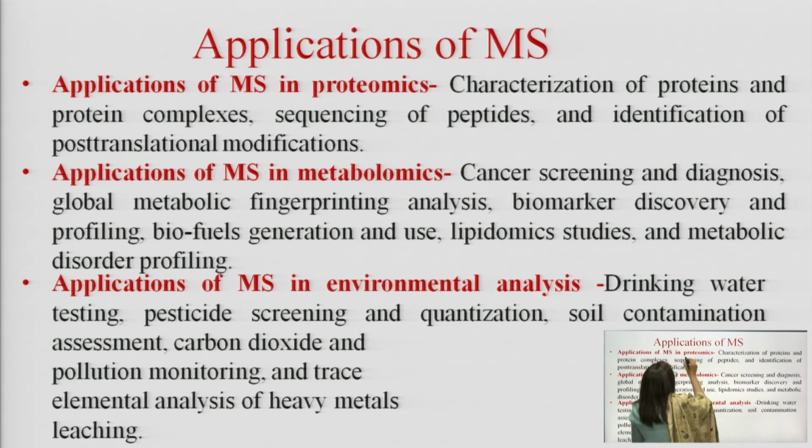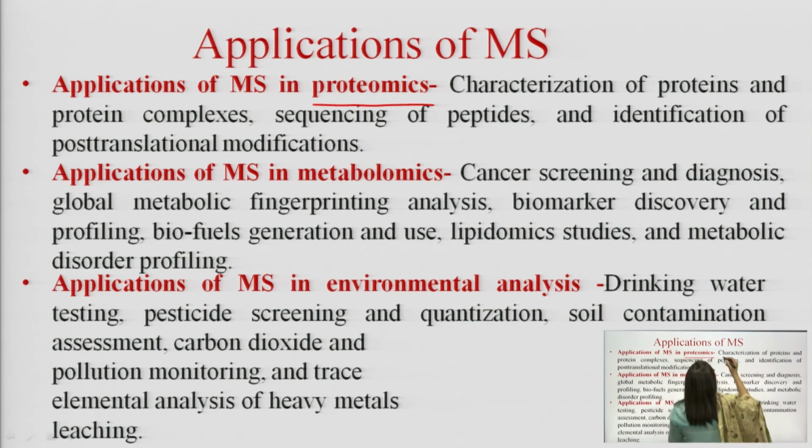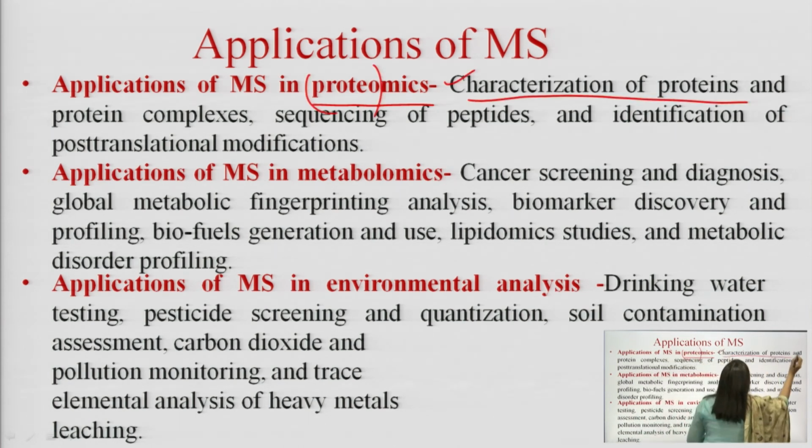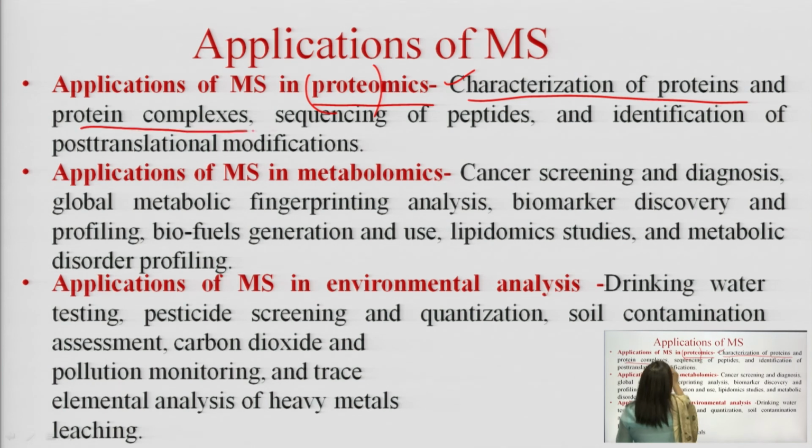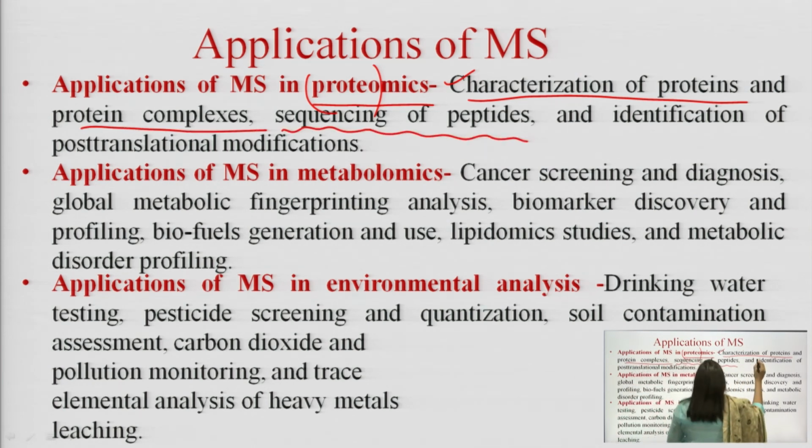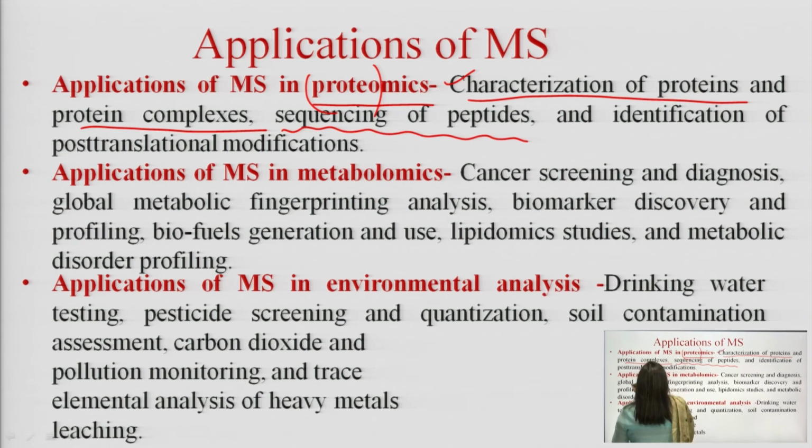The role of mass spectrometry in proteomics: proteo, as the name suggests, is protein, and it includes the characterization of proteins and protein complexes. It includes the sequencing of peptides and identification of post-translational modifications.